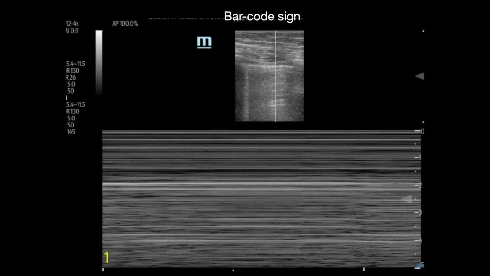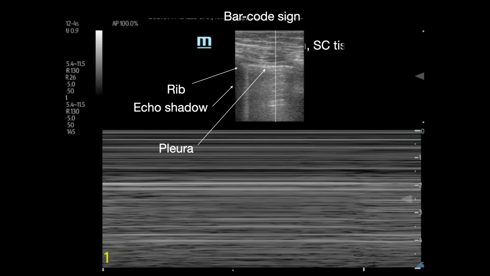The pleura again can be evaluated in M mode, and in this case I have placed the marker after the lung point. So we have the pleura here, the rib again for reference with the acoustic shadow, and the skin and subcutaneous tissue.